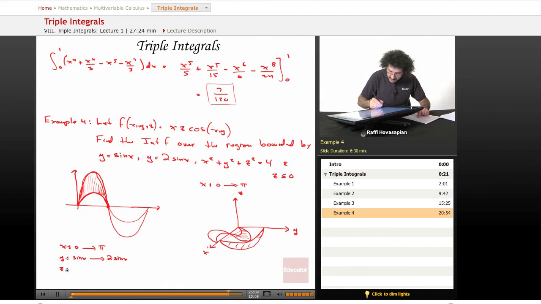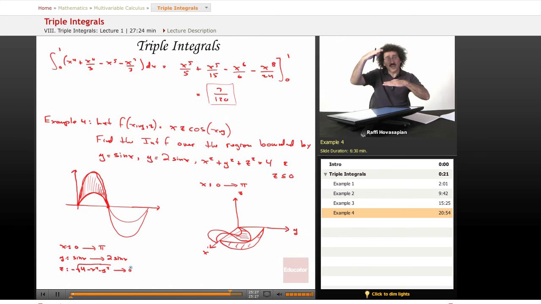And z is going from minus the radical of 4 minus x squared minus y squared up to 0, right? The lower limit of integration is the actual sphere itself, and it's going up to 0 because it's below the xy plane.